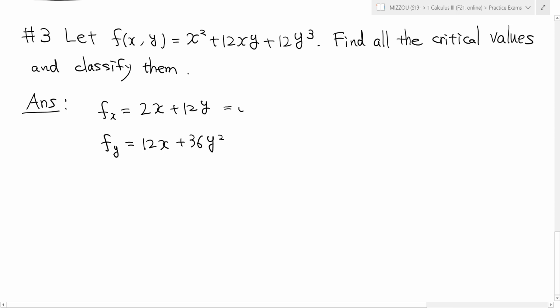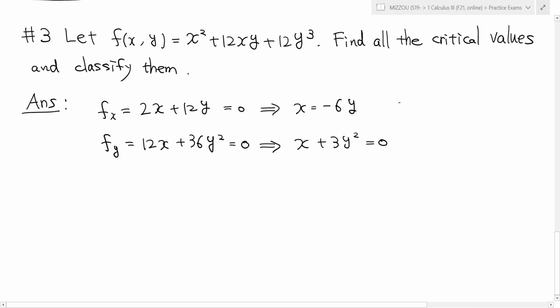And then you want to find x and y so that both of them are 0. The first one gives you x is equal to -6y. And the second one, simplified, gives x plus 3y squared is equal to 0.